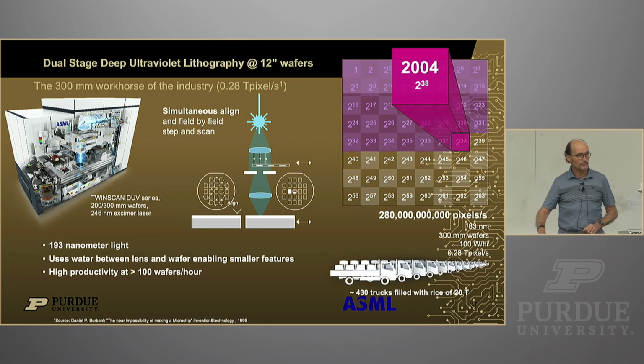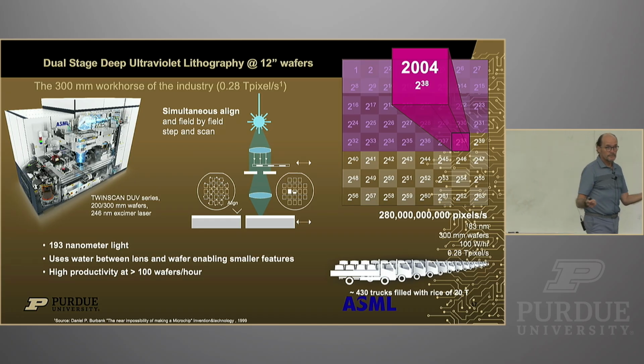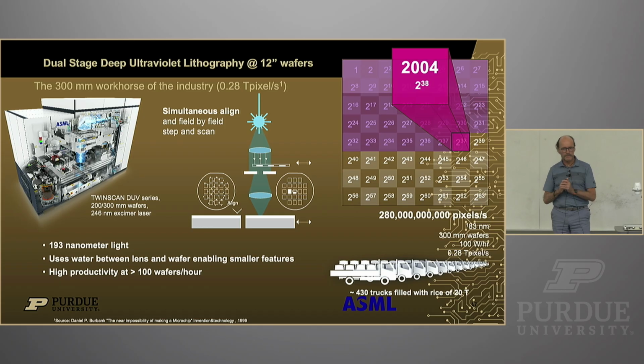That's why we introduced dual stage technology. That altogether, larger wafers, much less wasted time, shorter wavelength, smaller features. We're now at, oh my gosh, 280 billion pixels per second.